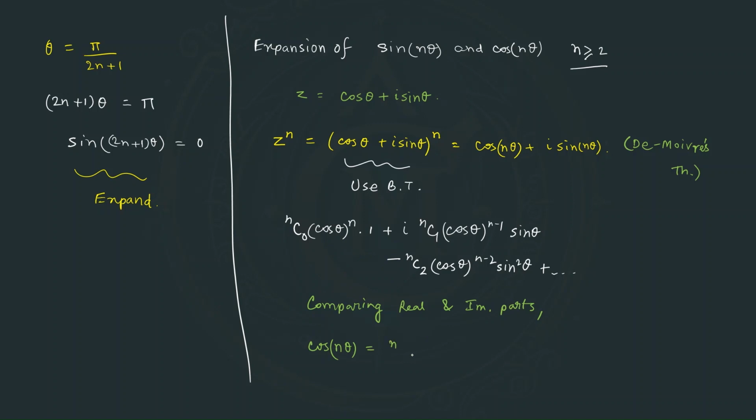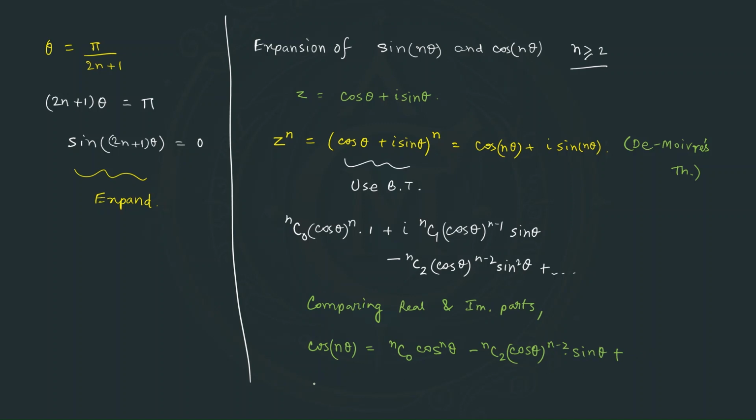So it will be nC0 cos to the power n theta, then minus nC2 cos theta whole to the power n minus 2 times sine theta, and then alternating plus and minus signs, and so on.